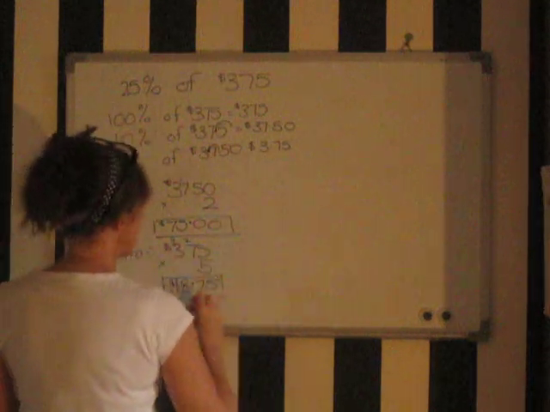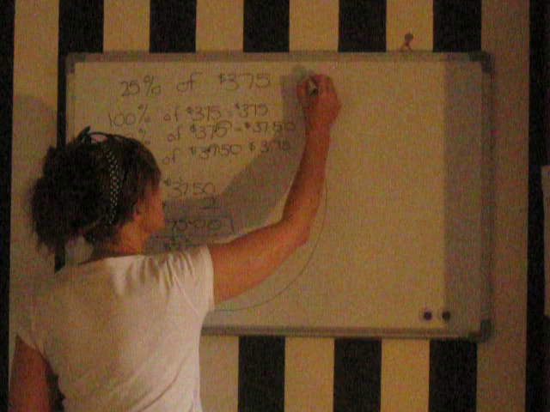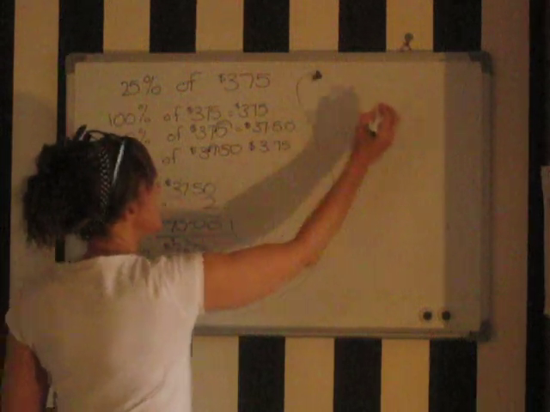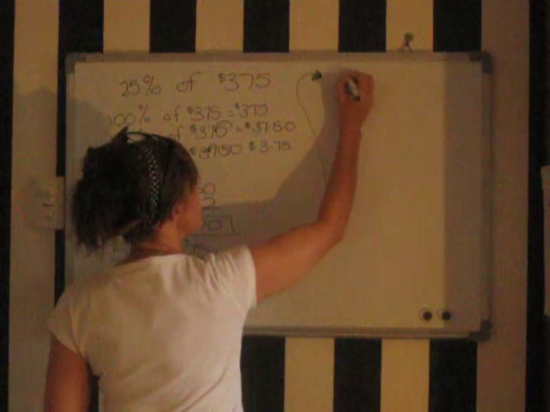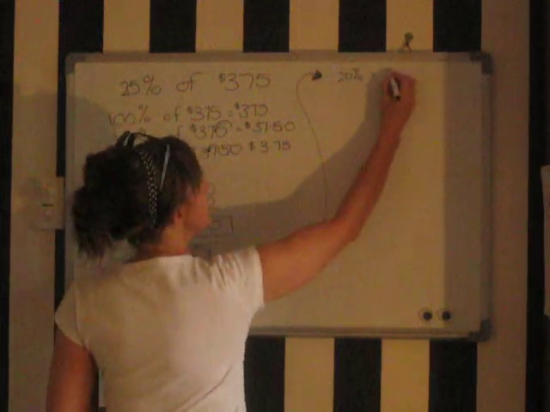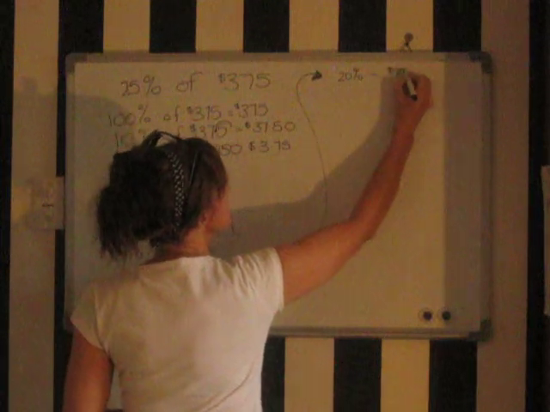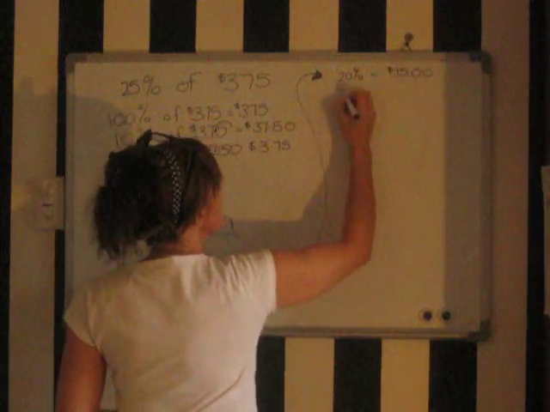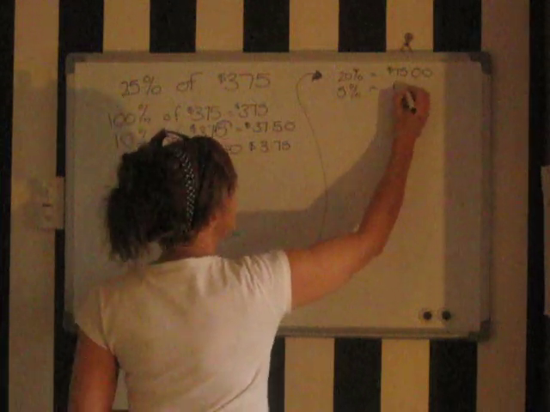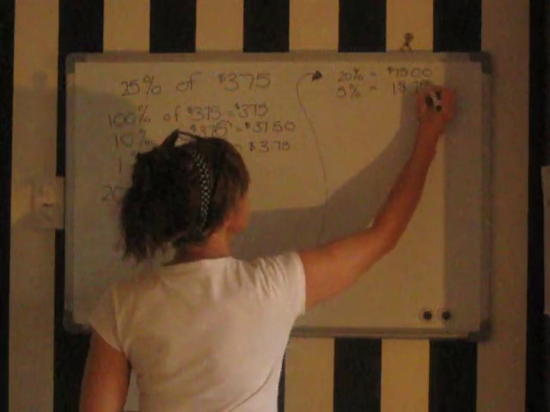Okay, so now we need to add our 20% and our 5%. So I'm going to go across to here. So we have our 20% equals $75. Our 5% equals $18.75.